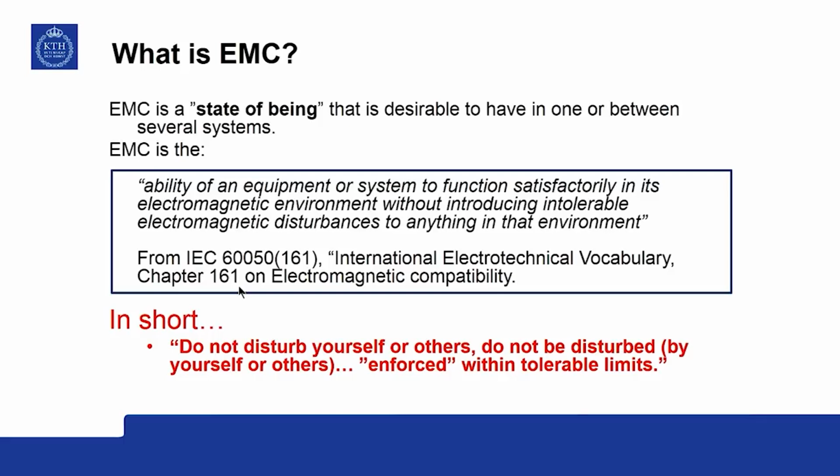It states: ability of an equipment or system to function satisfactorily in its electromagnetic environment without introducing intolerable electromagnetic disturbances to anything in that environment. So, any device will produce electromagnetic fields, currents and voltages, and often it will not create any problem. Then we do not have any EMC issue. EMC issues come only if it is creating a problem.